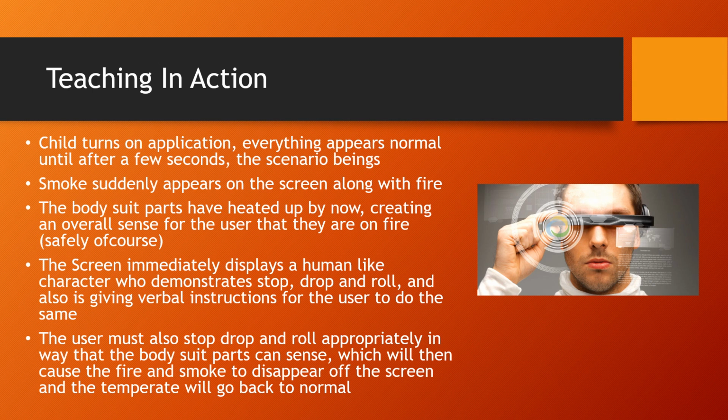As far as the body sensors, whenever they go to stop, drop, and roll, they could be designed so that this piece of equipment would feel the rolling, and it would maybe require a certain amount of rolls and pressure to make the fire go away, to make sure the child doesn't just drop once and roll and expect it to be over.